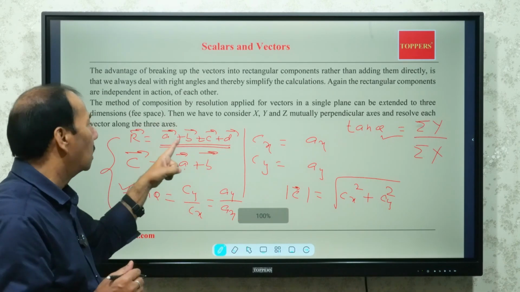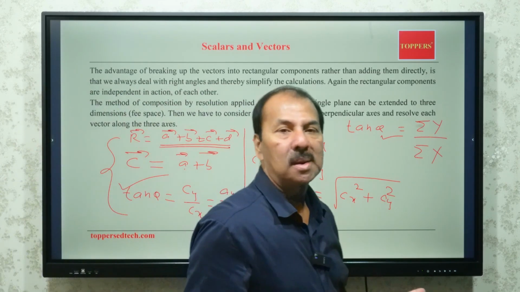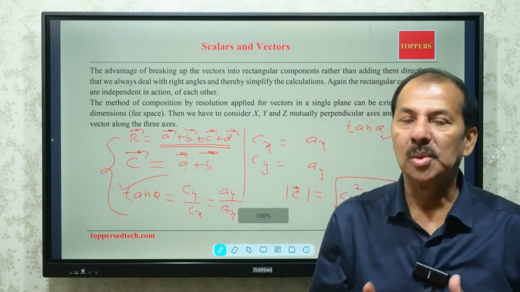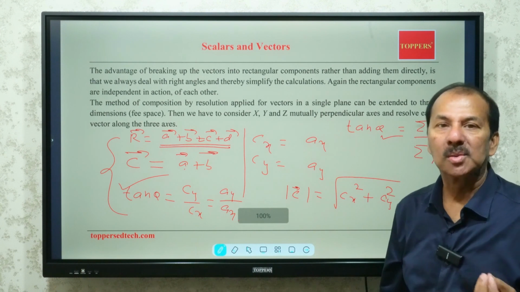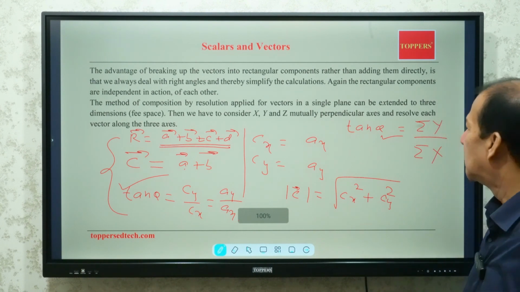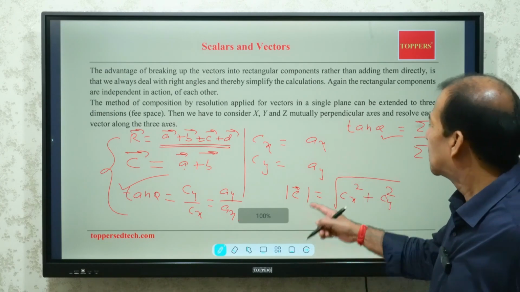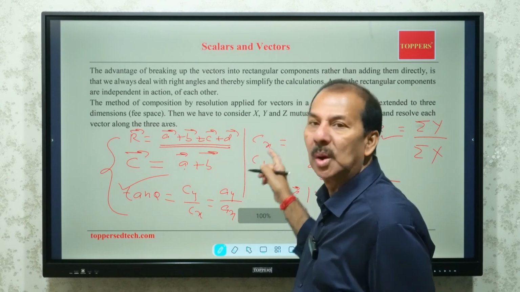When we calculate the x components of all the vectors, they are scalars, so they can be added algebraically. The y components of all the vectors are also scalars, so again they can be added algebraically. So we have Ax plus Bx, Cx, Dx, and so on, and we can add them.